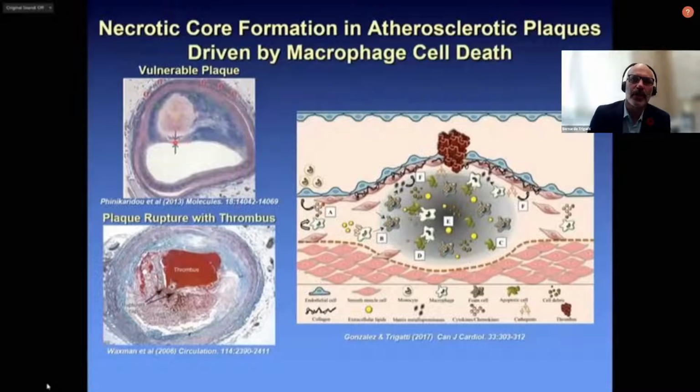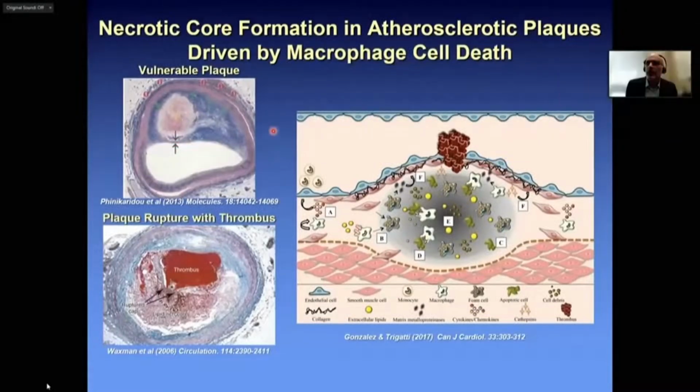When this happens, it can fully occlude the lumen of the artery and result in a clinical event. So our interests are in what controls the cell death of macrophages and specifically how HDL might impact this process.